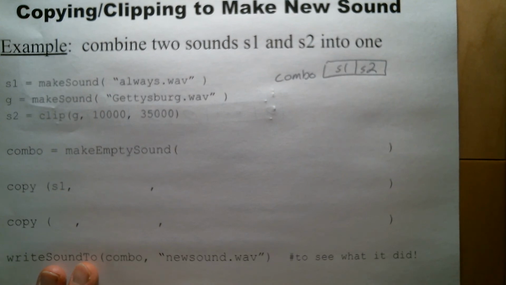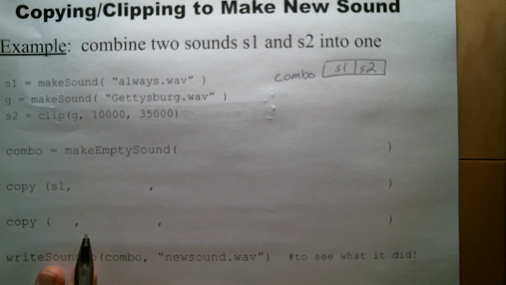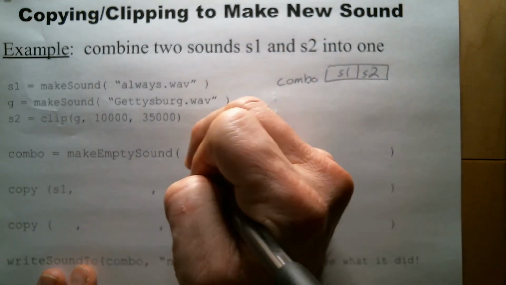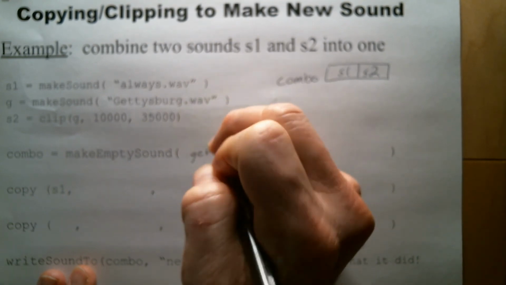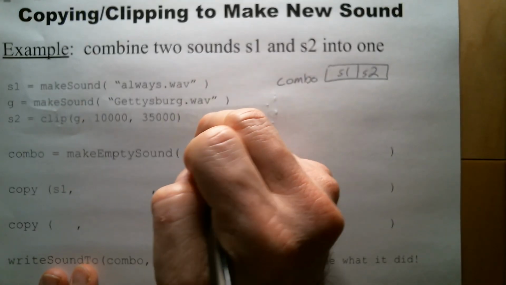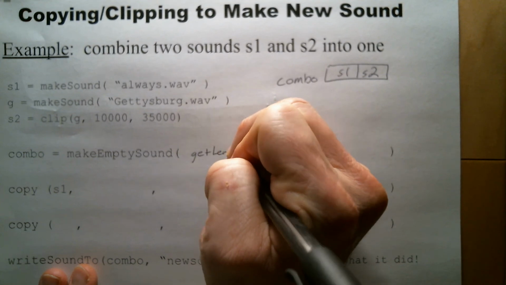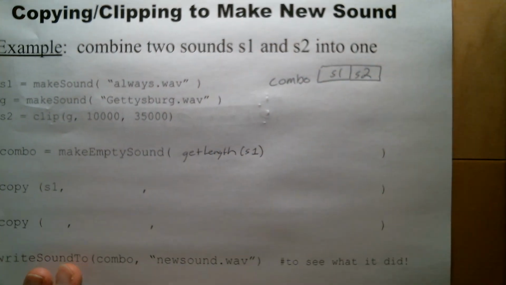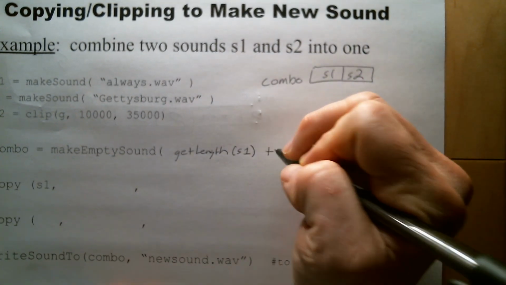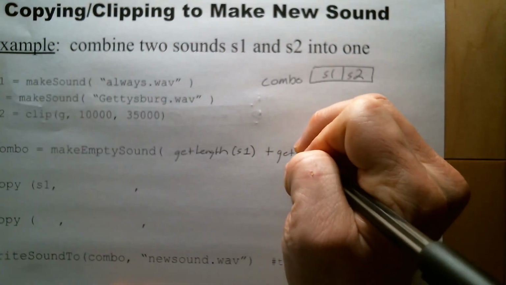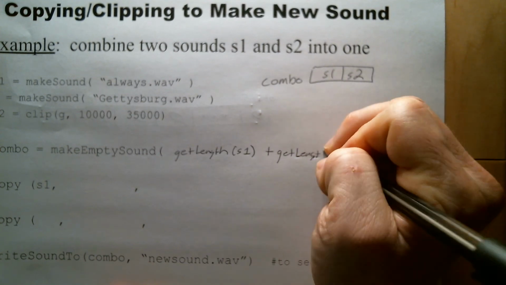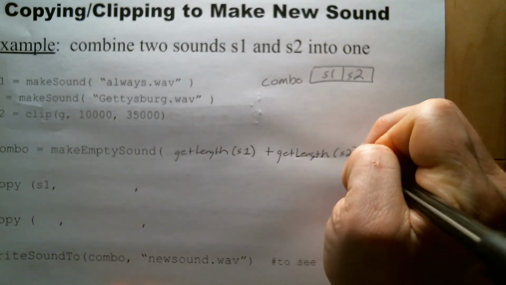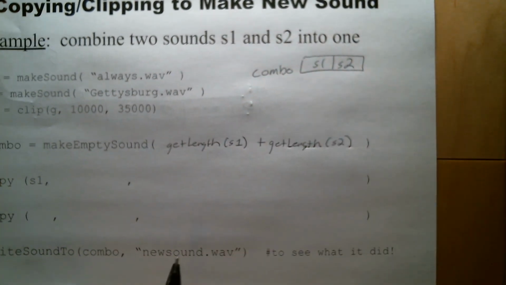If we want to make sure that it's big enough to hold both of those sounds, we can just say get length of S1, which is going to return an integer, plus get length of S2, which is going to return a second integer, and then we're guaranteed that it's going to be the correct size.